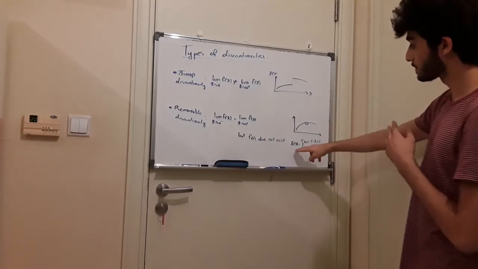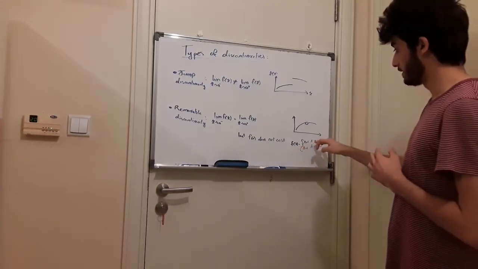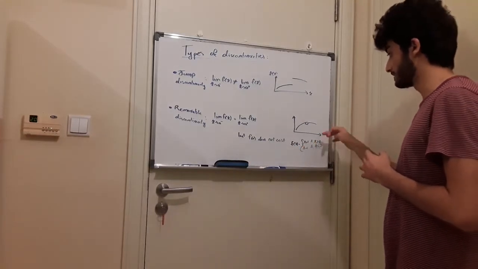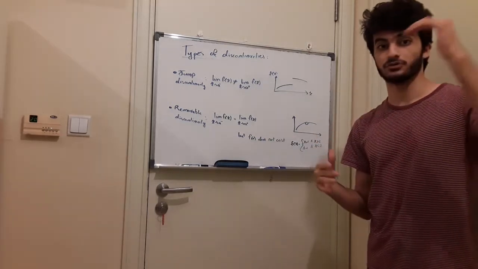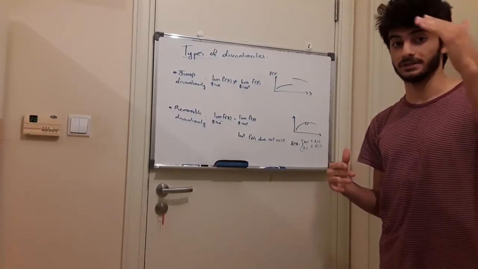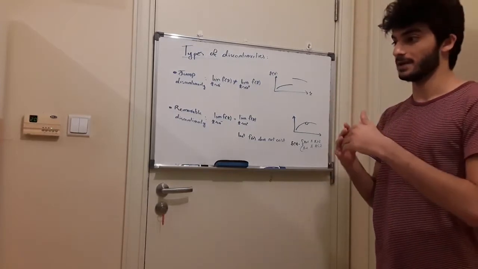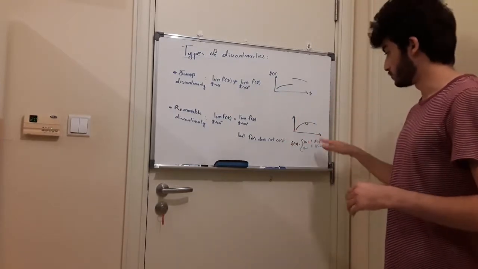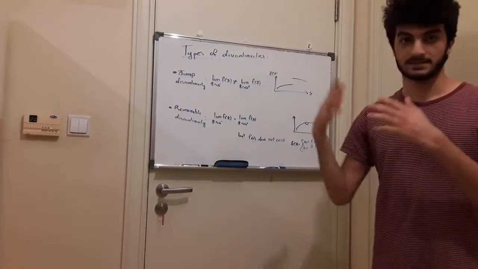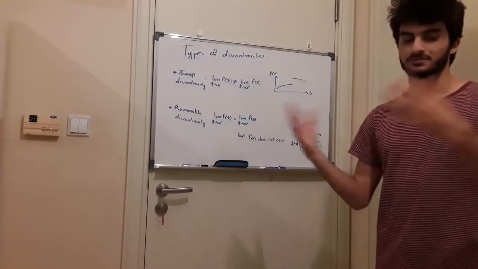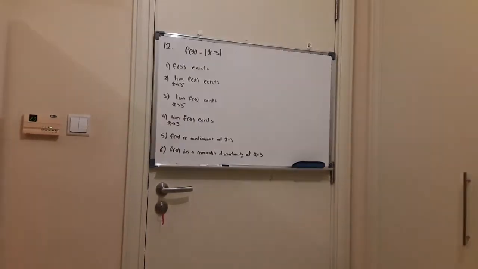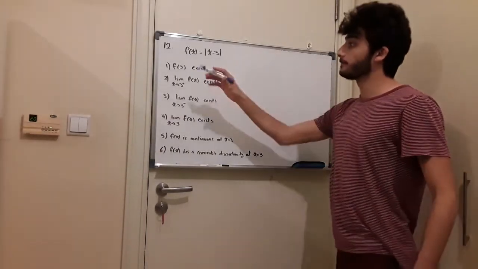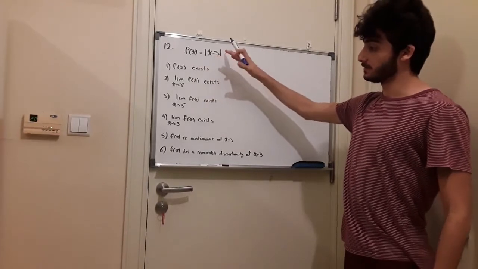And if they give you something like this, and they say if x is greater than 2 and if x is less than 2, but they never say if x is greater than or equal to 2, or less than or equal to 2, or x equal to 2, if there's no equal, then it means it doesn't exist at that point. And it doesn't have to be 2, just any point. And that's discontinuities.